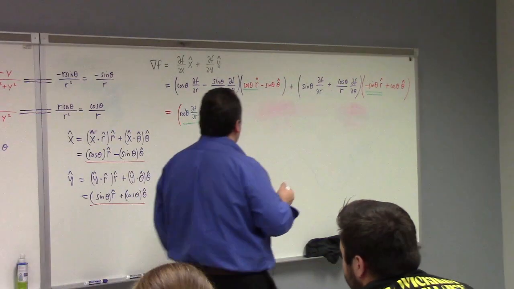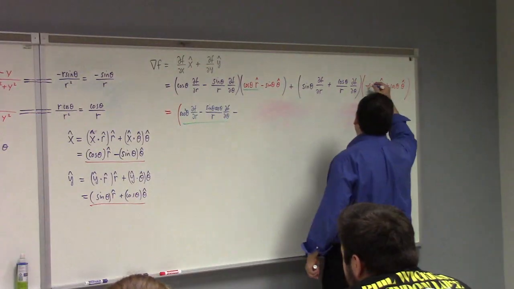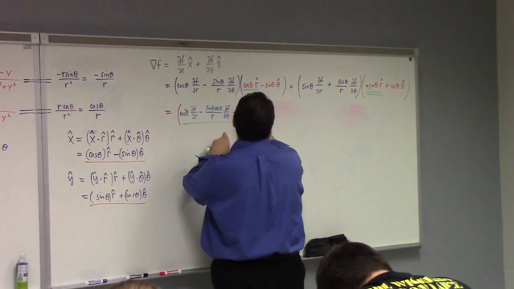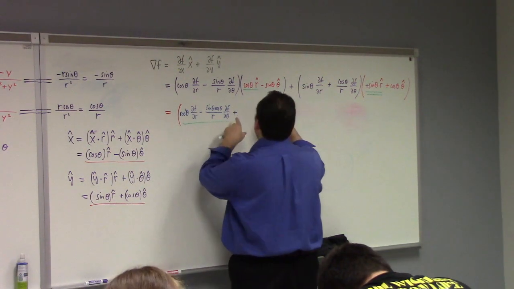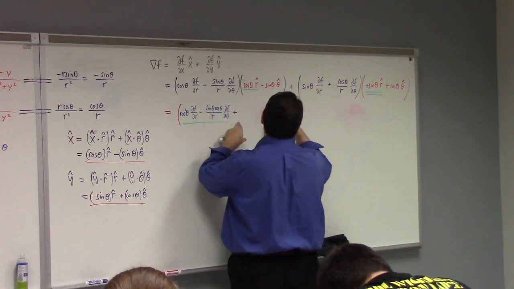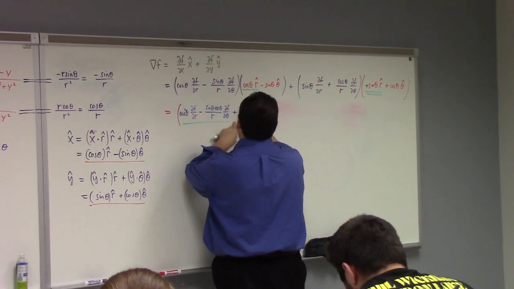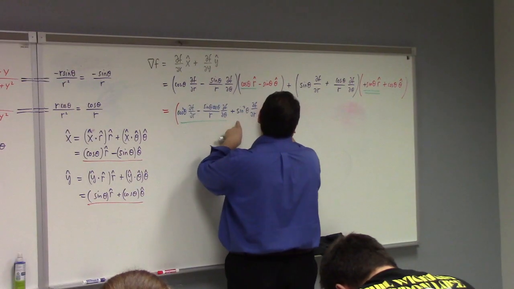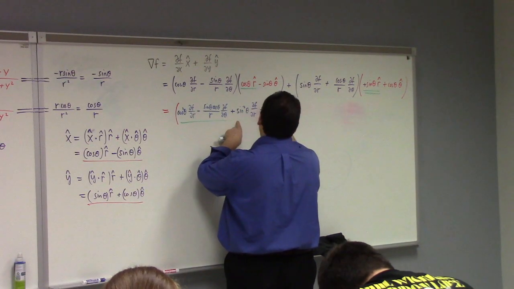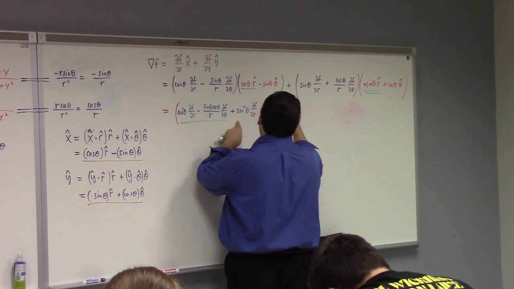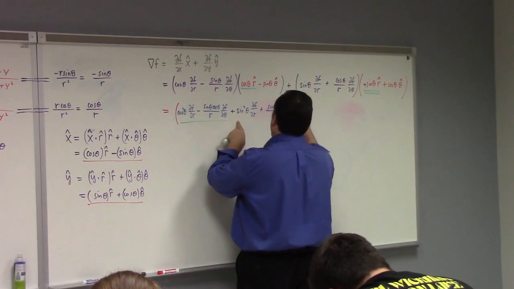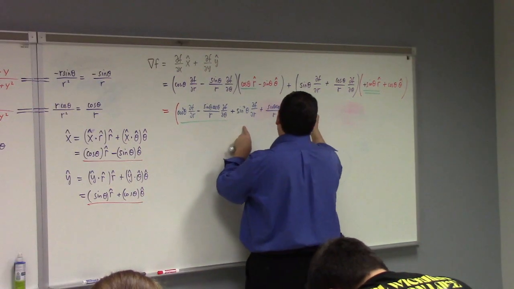You guys got to stop me. So plus sine squared theta partial f partial r, and then plus sine theta cosine theta divided by r partial f partial theta. That was all the r hat term.